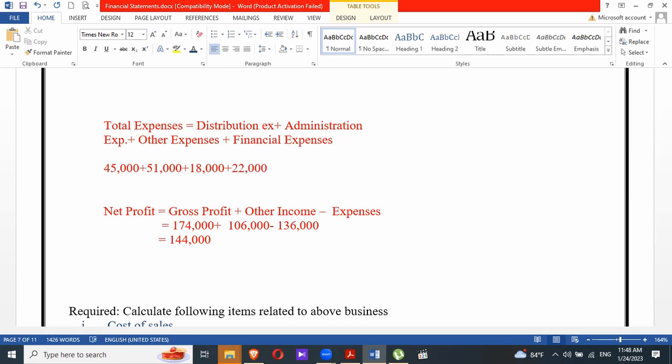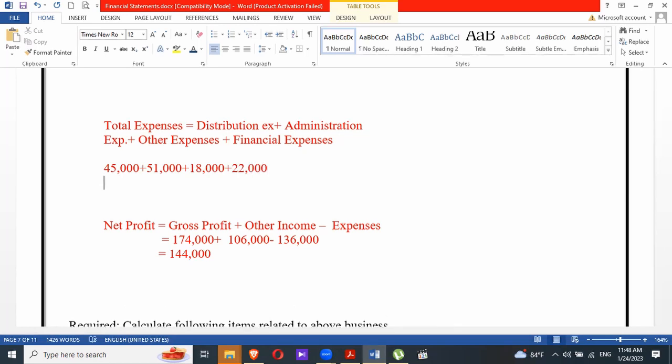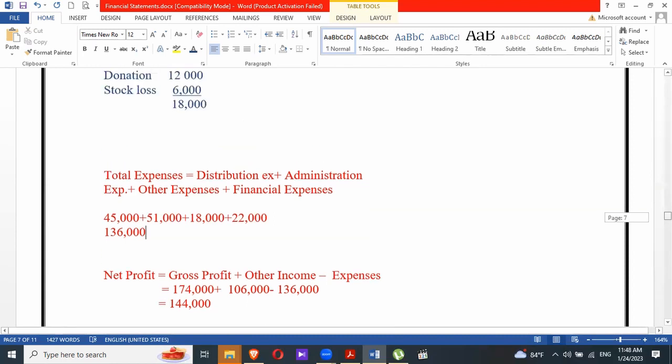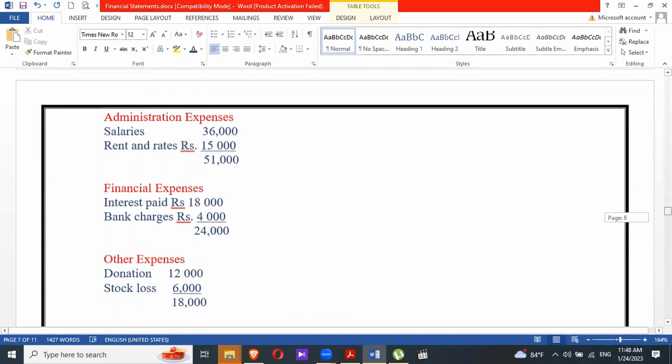Right? Likewise, we can come up with the answer for the 136,000. 45, 51, 18, 22. Oh, sorry. Financial, I put 24. It should be 22, right? 18 plus 4, 22,000. Financial expenses 22.